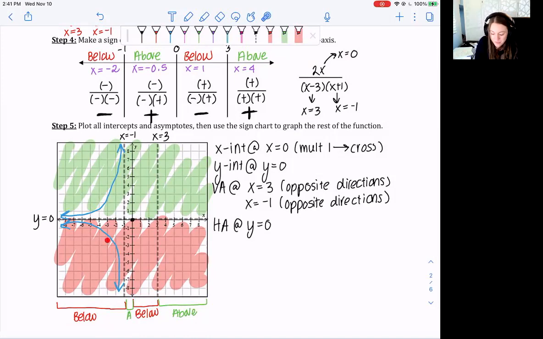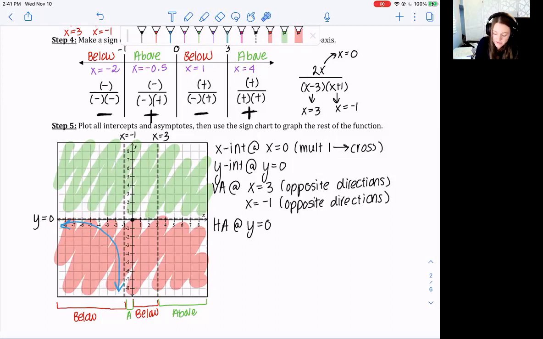So if we look here, this is supposed to be below. It says below the x-axis. So it can't be this one. Goodbye. It has to be that guy right there. Notice that when I'm drawing this in, I am hugging each of these asymptotes. I'm hugging the horizontal and I'm hugging the vertical.